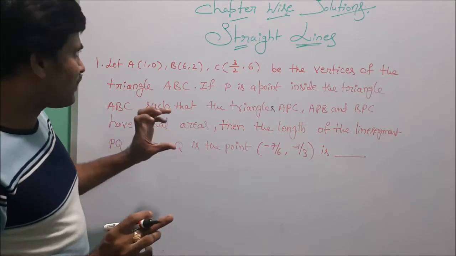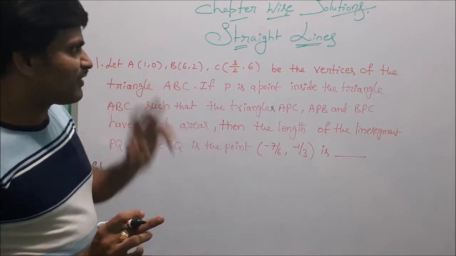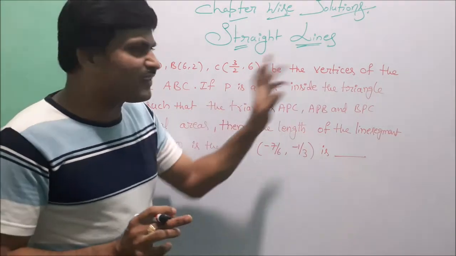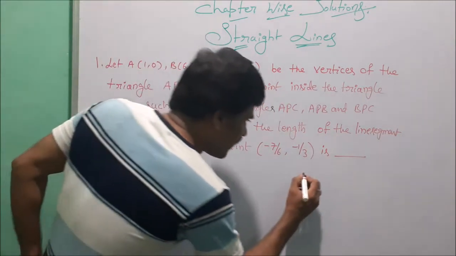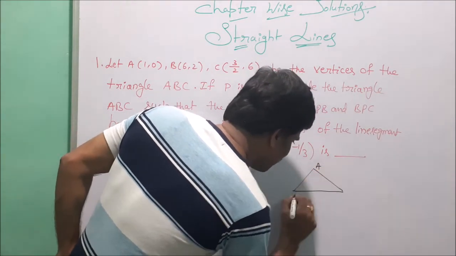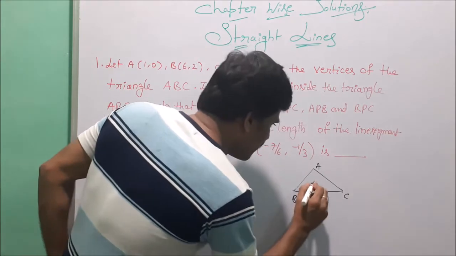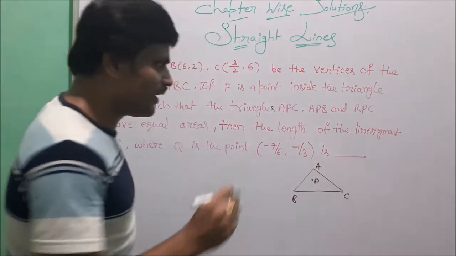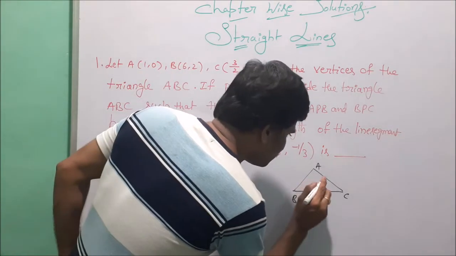So first of all we observe that A, B, C are 3 vertices of the triangle and P is a point inside the triangle ABC. So now we take one diagram. Here this is ABC, and the point P is inside the triangle.